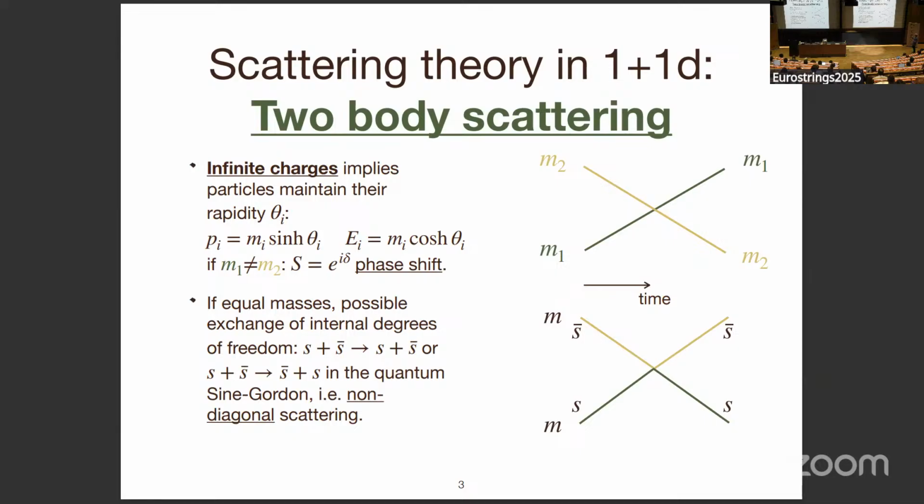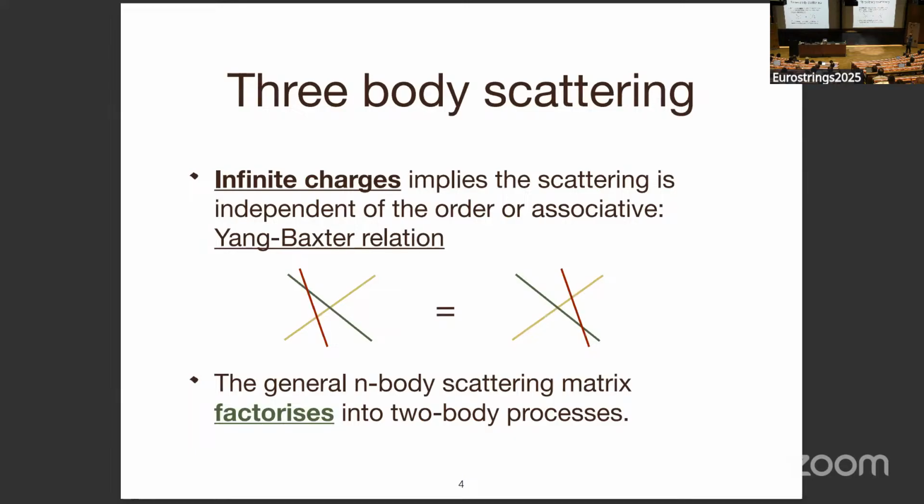I start from an integrable scattering theory in 2 dimensions, and at the end of the day, in a nutshell, it reduces to 2-body scattering, in which the masses stay the same because you have infinite charges. Why 2-body? Because if you go to 3-body, you have the very famous Yang-Baxter equation, which you have already heard about.